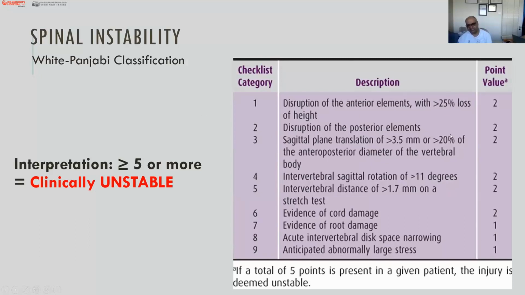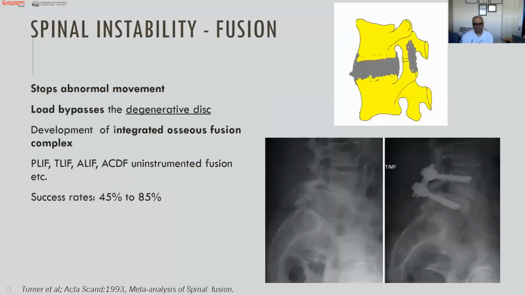Disruption of posterior elements was 2 points. Sagittal translation of any fracture greater than 3.5 millimeters or 20% was 2 points. Then rotation. All this is the basic concept that has gone into making any of the further fracture classifications, whether it is Ferguson-Allen, the present AO classification, or the TLICS. They have basically used these basic criteria described by White and Punjabi in the 1980s.